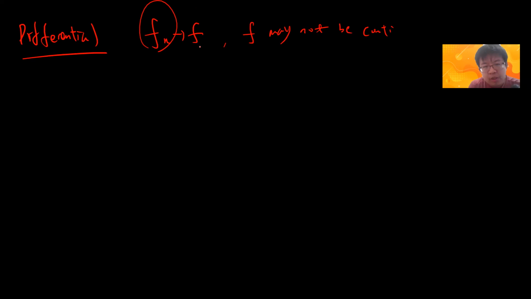But if you assume that f is differentiable, it still does not mean that their derivatives will be the same. So the question is, if you take the limit of the derivatives of each function, do you believe this should be the same as f'(x)?